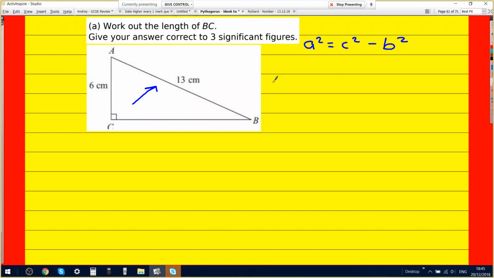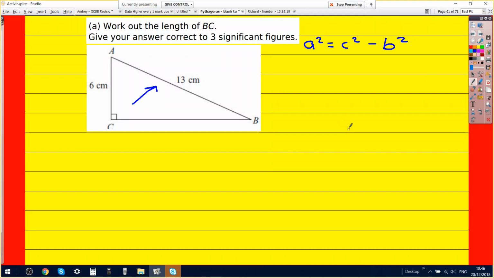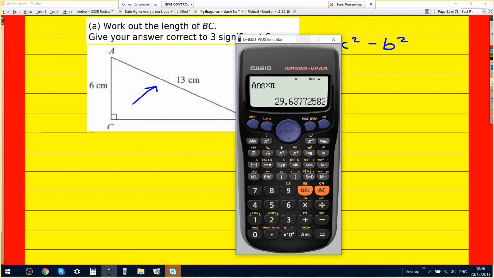And so now it's important which one is c. So for this one, it is c squared take away b squared. And then you square root it.